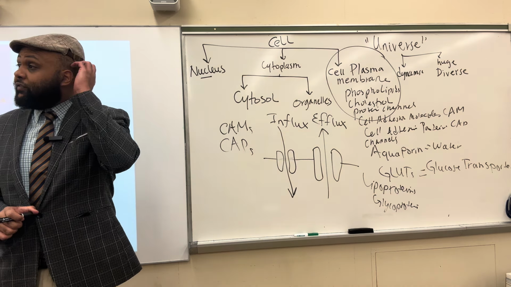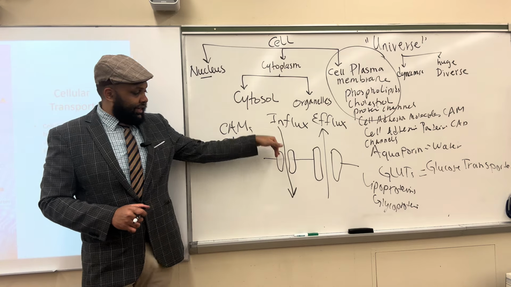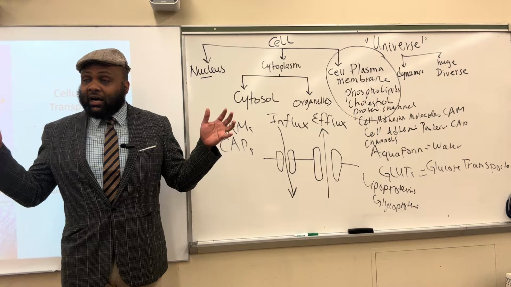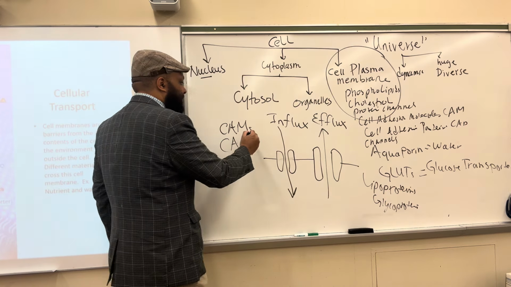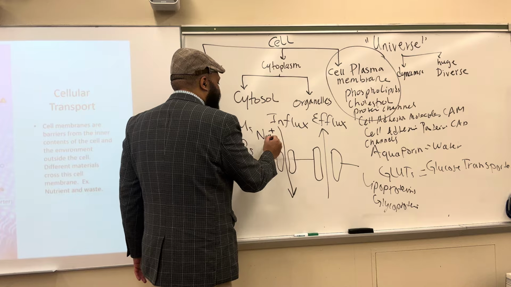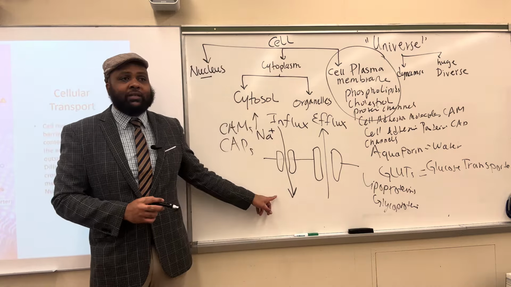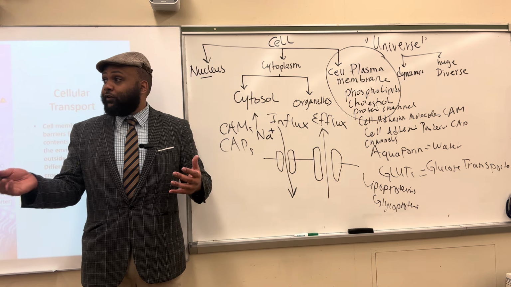This is why we did diffusion first last week, because what makes us influx and efflux is the concentration gradient. If you have a lot of sodium outside the cell, then you bet it's going to influx to the inside of the cell, because that's a concentration gradient for diffusion.